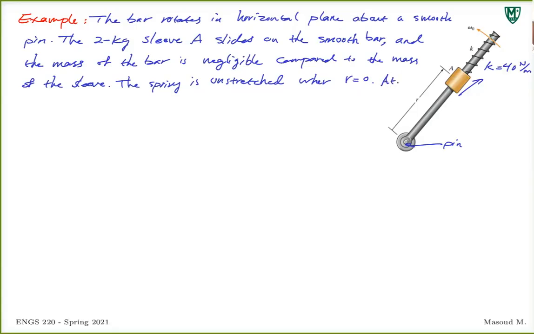At t equals 0, the radial position of the sleeve is R equal to 0.2 meter.